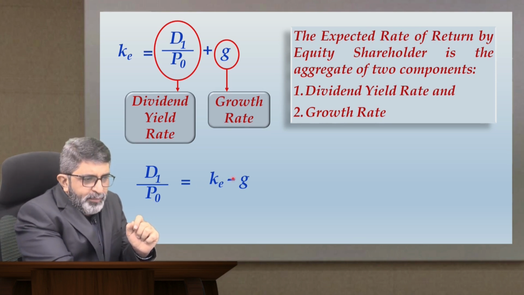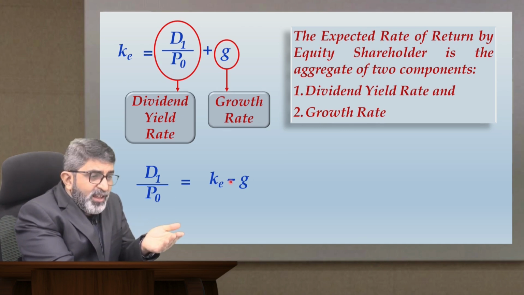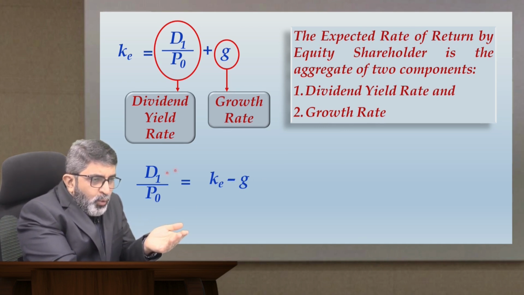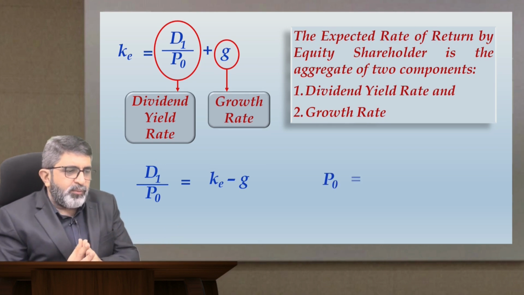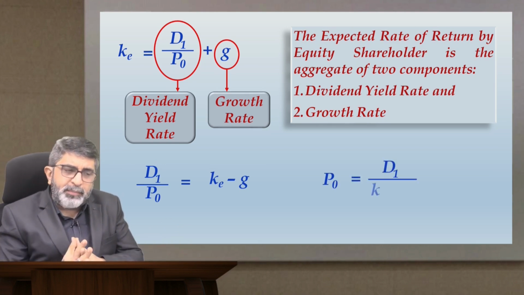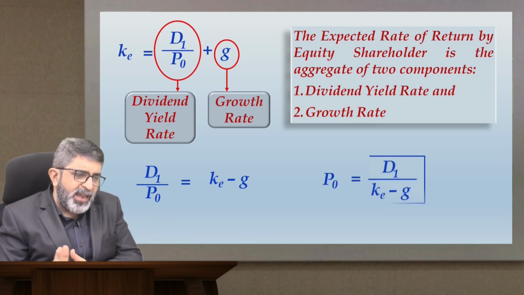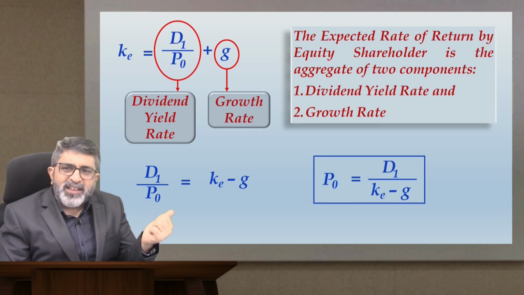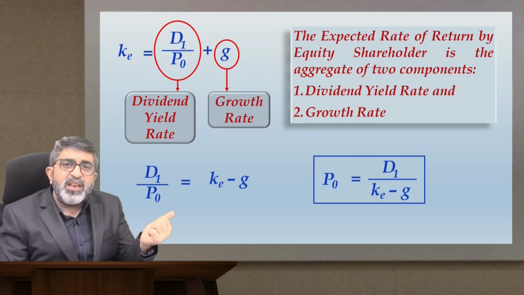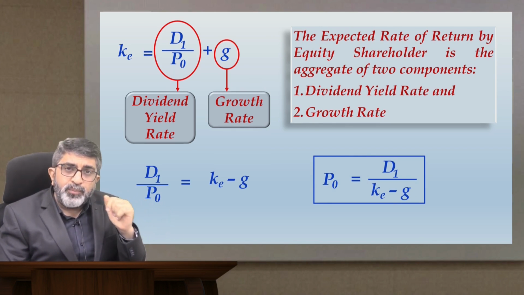So P0 becomes the main factor on the other side, and this K minus G becomes the denominator, where the numerator is D1. So the equation that you get is P0 equals D1 divided by K minus G. And my friends, that precisely is Gordon's model formula for computing P0.